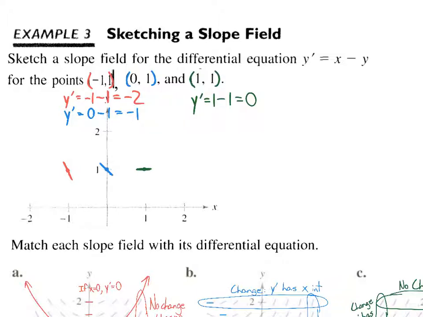And now if I want to sketch the graph of y through this point 1, 1, well, here's the point I have, and I know the slope right at that point is there. So now you've got to use what you know to figure out where I'm going to be changing.